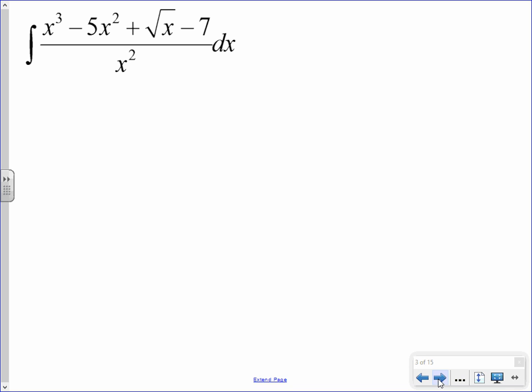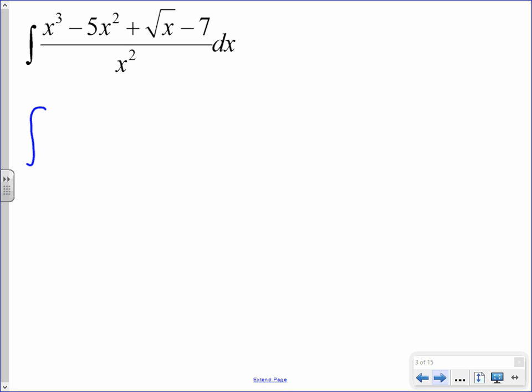Okay, we cannot take the antiderivative right now. What do we need to do in order to be able to take the antiderivative? How can we rewrite this so that we can? Separate the terms. And also consider that we're dividing by x squared.